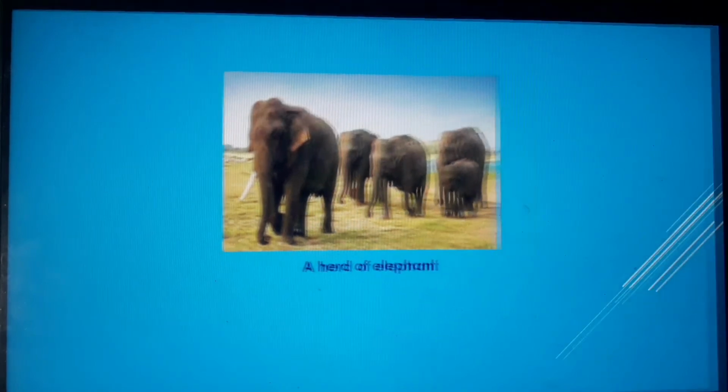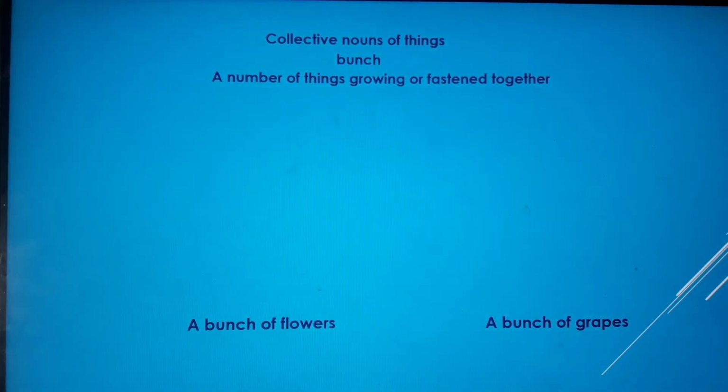Next, right now we are in collective nouns of things. Here also once again we are learning the things. So first, bunch. A number of things growing or fastened together. That is the collective noun.